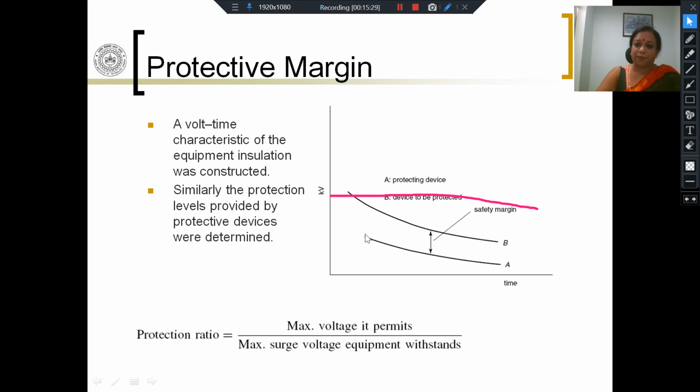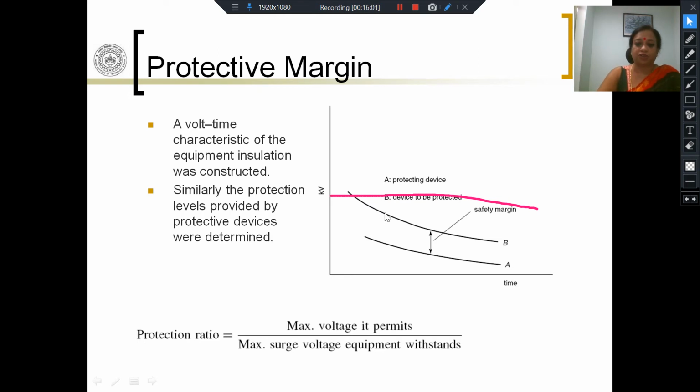But because A has a lower volt time characteristic, it will break down at a smaller voltage. So even before this high voltage can appear across B, A will have broken down, and we must make sure that there is a path which allows the charge to flow through A. And therefore, B will not break down because A breaks down before B does.